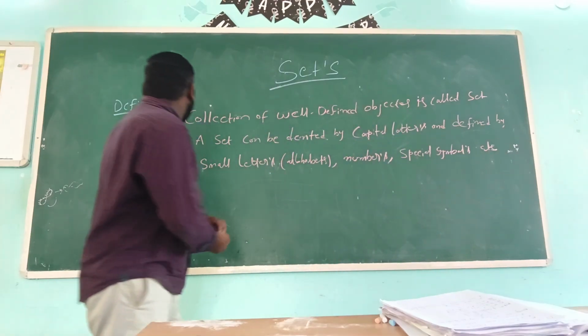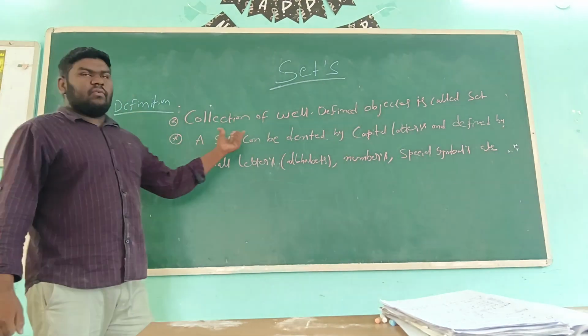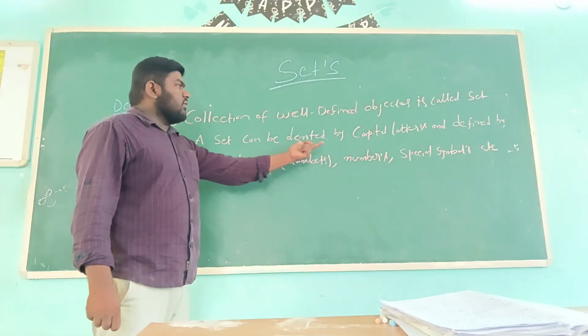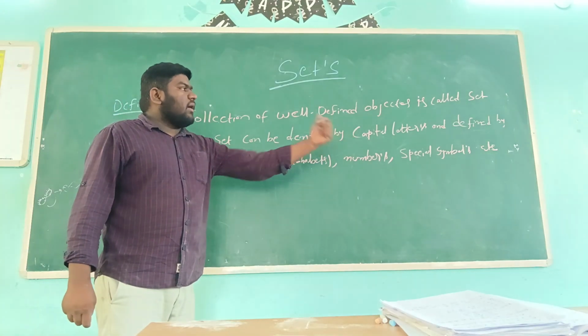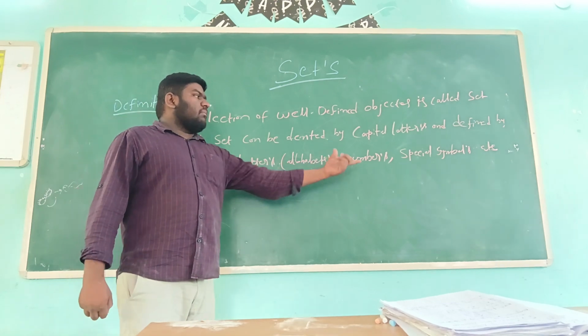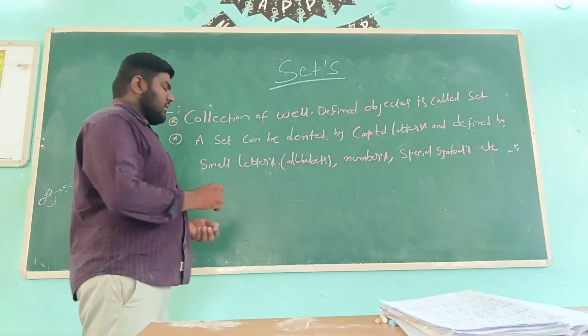This is all about the set definition. Collection of well-defined objects is called the set, and a set can be denoted by capital letters and defined by small letters like alphabets, numbers, special symbols, etc.